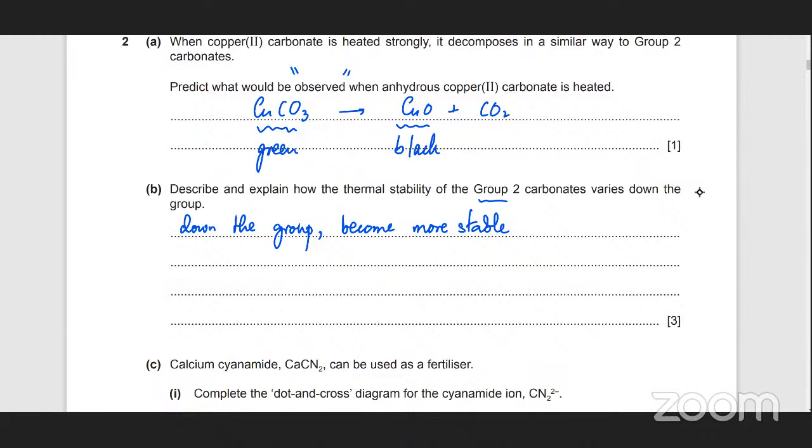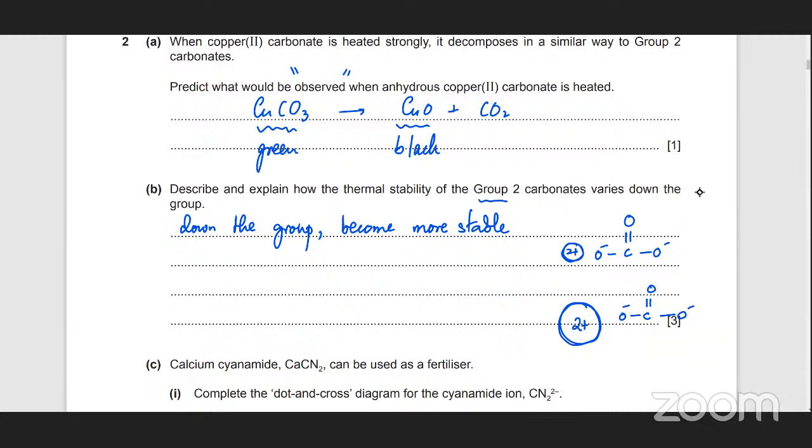The reason is that the cations at the top are smaller in size. If you have a 2+ cation and a carbonate ion, then going down the group you again have a 2+, but the cation is bigger in size.